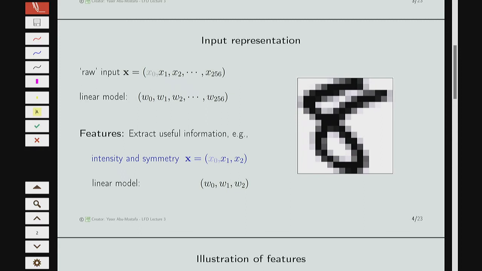Symmetry, of course, you can just set a line like that and measure how different the two sides are. So these are the two features that you have extracted. Now, every single one of these images can be represented by a vector of x1, x2, plus augmentation x0. So now we have a d equal to 2 case, a two-dimensional example, and we can very well illustrate it on the screen. So that's why we choose two features, yes?